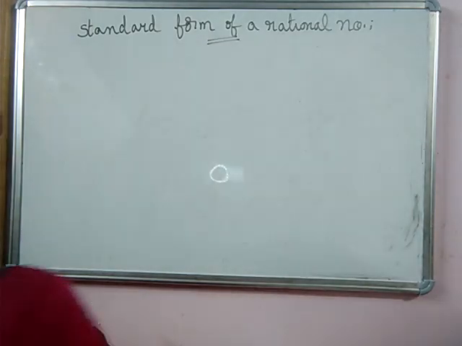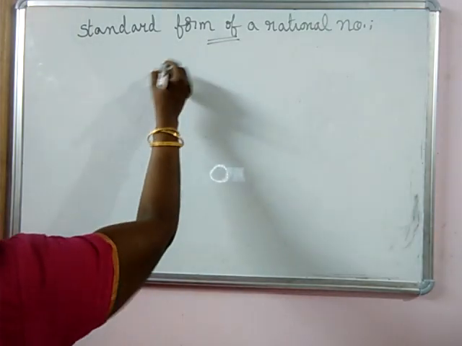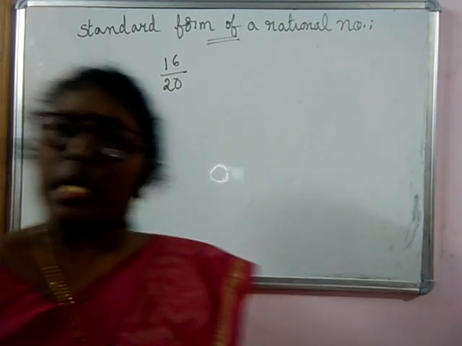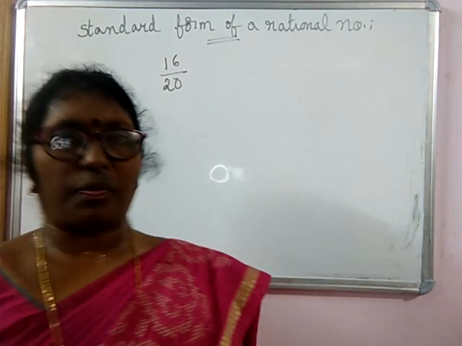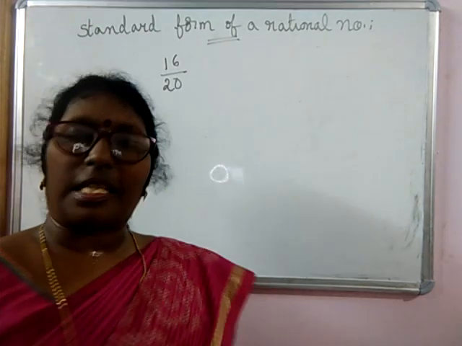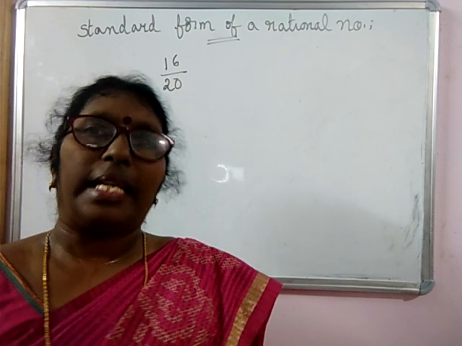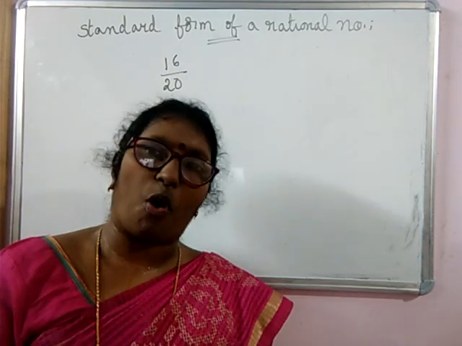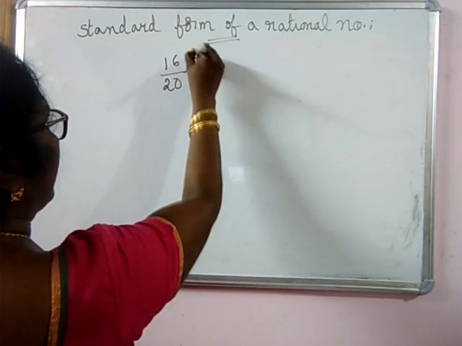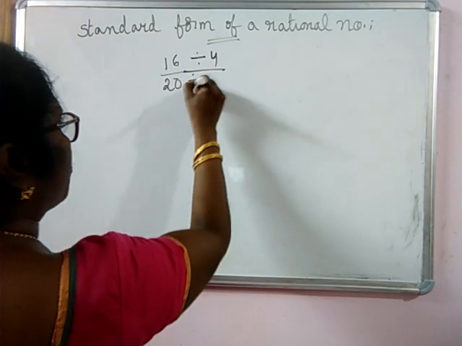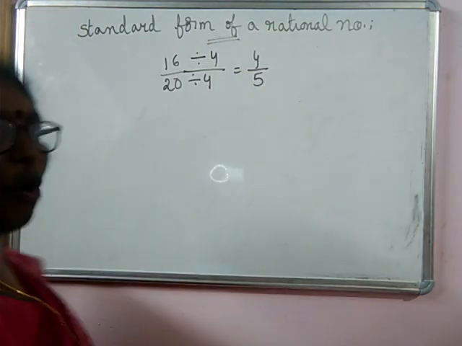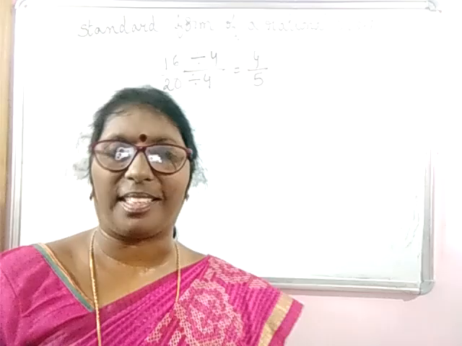Let me give you one example. 16 by 20. 16 is an integer, 20 is also an integer. But the standard form means it should be in the simplest form or lowest form. So if it is 16 by 20, both are divisible by 4. 4 by 5 is the standard form but not 16 by 20.